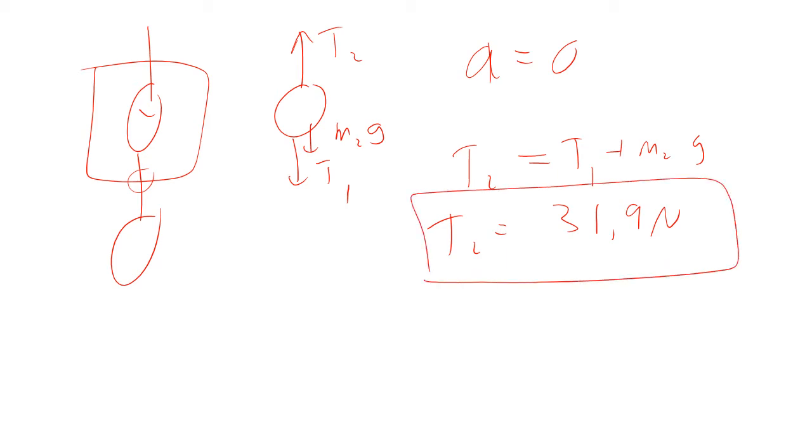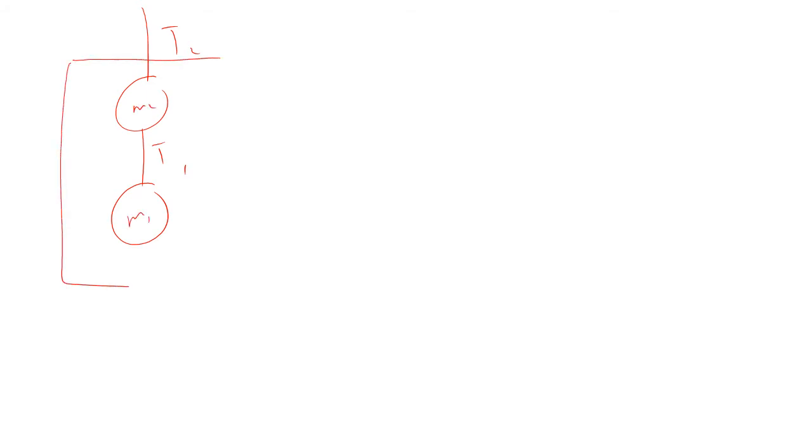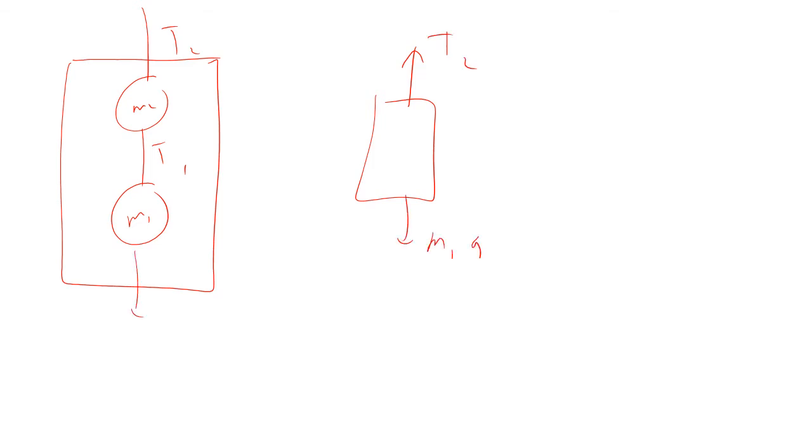All right. Well, there's another way of solving this. Got T2, got T1, M1, M2. What if I drew the free body diagram for the whole thing? Then I've got T2 pulling up, and gravity pulling down, M1G and M2G, on my system.